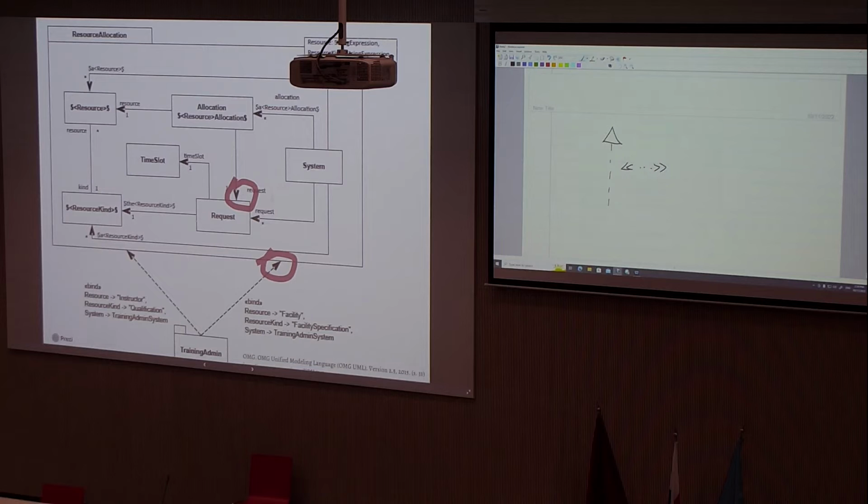And what is interesting here, we have this training admin system, which actually makes use of this resource allocation system 2 times. So 2 different bindings. Once it puts the things for instructors and qualifications, and the other side speaks about facilities and facility specification.